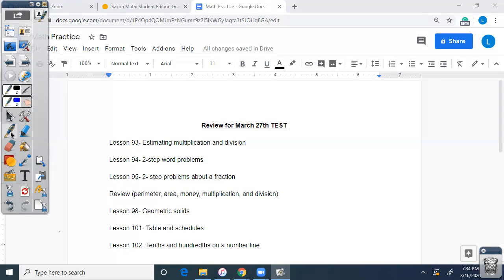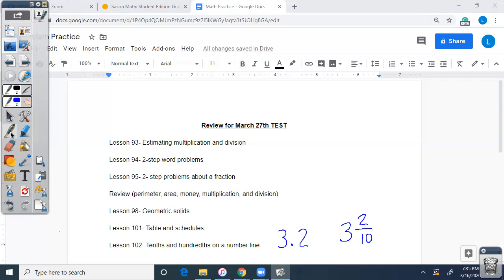And then the last one, this is what we did yesterday, so hopefully you remember it. Tenths and hundredths on a number line. So if I give you a number line, will you be able to tell me what number it is? And will you be able to convert a decimal into a fraction? So remember, if I have 3.2, I don't say 3.2, right? I say 3 and 2/10.